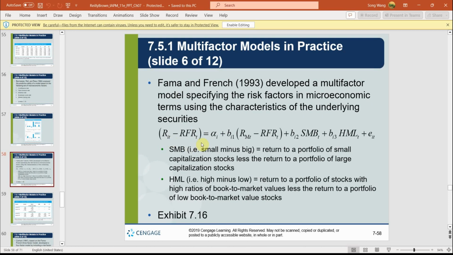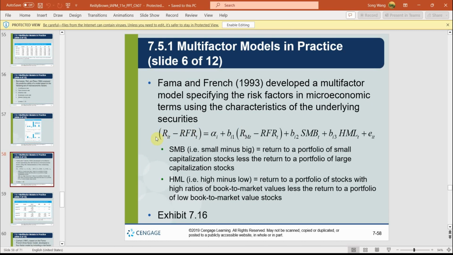Under this model, you will see that the performance of a portfolio, the R is the return for the portfolio. I stands for the individual portfolio instead of just one single stock, and that's pretty important for you to know.